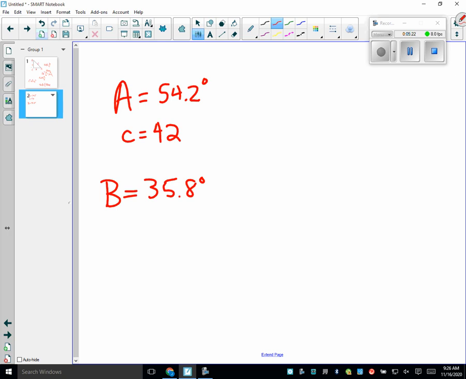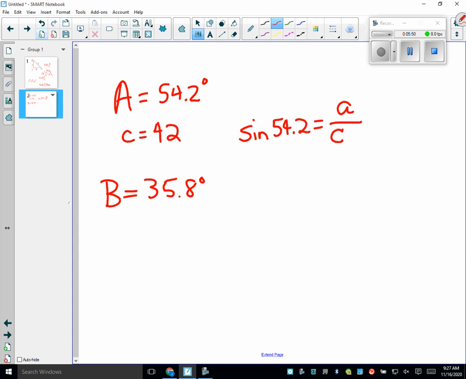How? Well, let me ask you this. Is the sine of 54.2 equal to A over C? I have to set up an equation where I only have one letter not filled in. Will that allow me to do that?